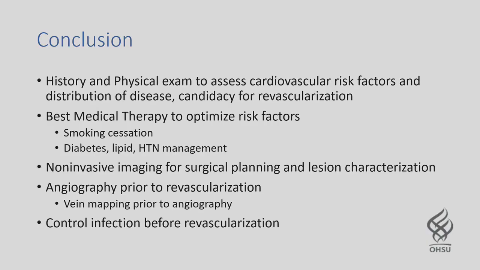And then, again, emphasize the importance of angiography prior to revascularization, including vein mapping prior to. And as I mentioned, if you have a patient with an infection, that's something we're going to want to control. Despite the presence of peripheral arterial disease, we want to control that prior to revascularization.